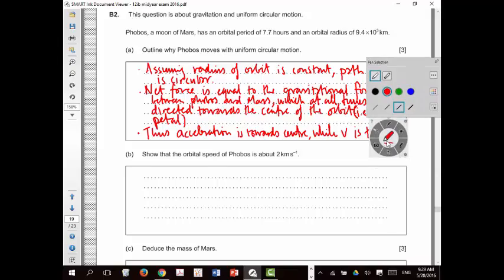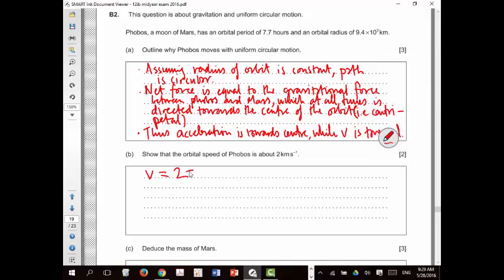So the orbital speed is equal to the circumference, so 2 pi r, divided by the period T. So that's 2 pi times 9.4 times 10 to the 3 divided by the period, which is 7.7 hours.